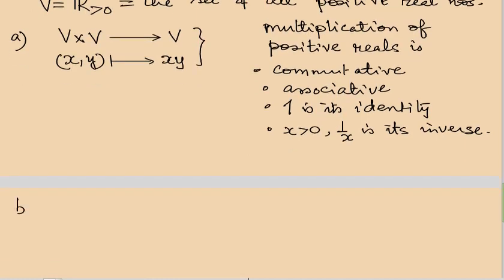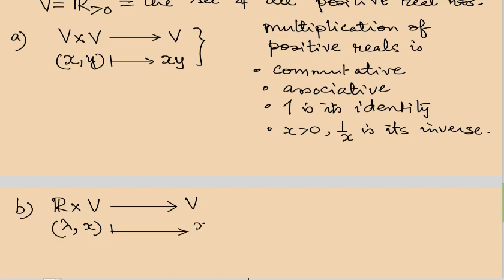Next, I want to give you the scalar multiplication, which means a function from R cross V to V. That means I take a real number lambda and I take a positive real number x and I take it to the lambdath power of x.